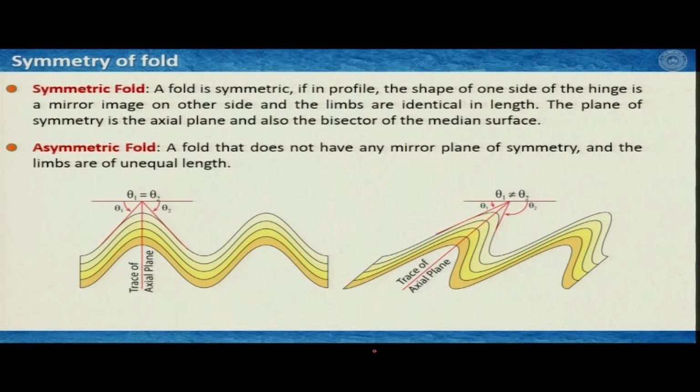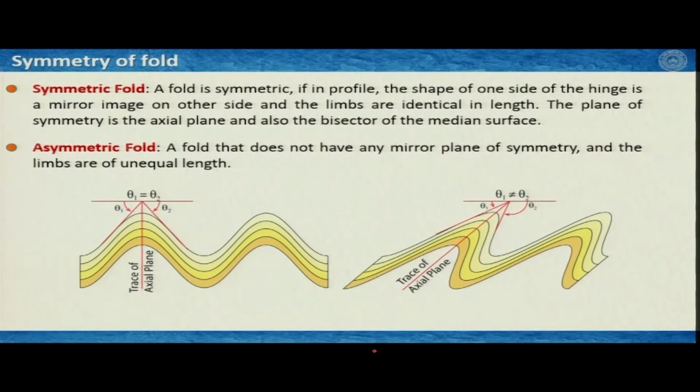The plane of symmetry therefore is the axial plane and is also the bisector of the median surface. An asymmetric fold is where all these conditions do not hold, or in other words, a fold that does not have any mirror plane of symmetry and the limbs are of unequal length.